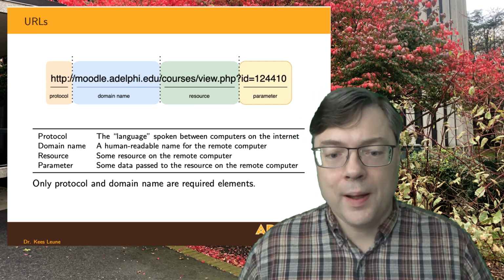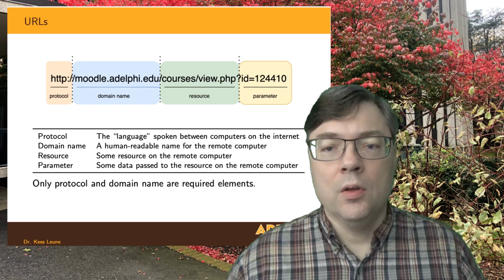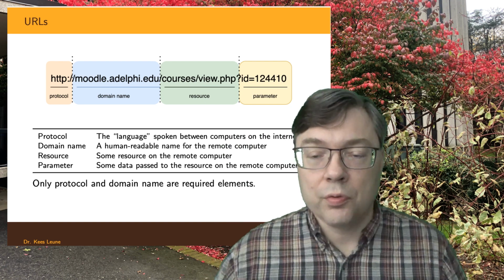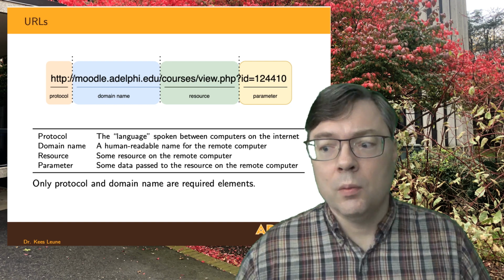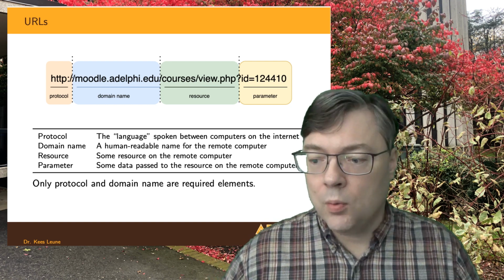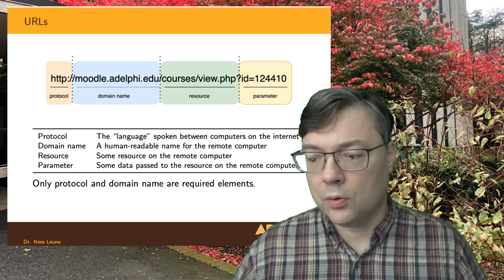And in order to pass some information into that resource, we can add some parameters. So in this case, we can, for example, say, well, ID equals 124410. It's just some information passed into the resource, which is located on the computer with domain name moodle.adelphi.edu, which we access using the HTTP protocol.